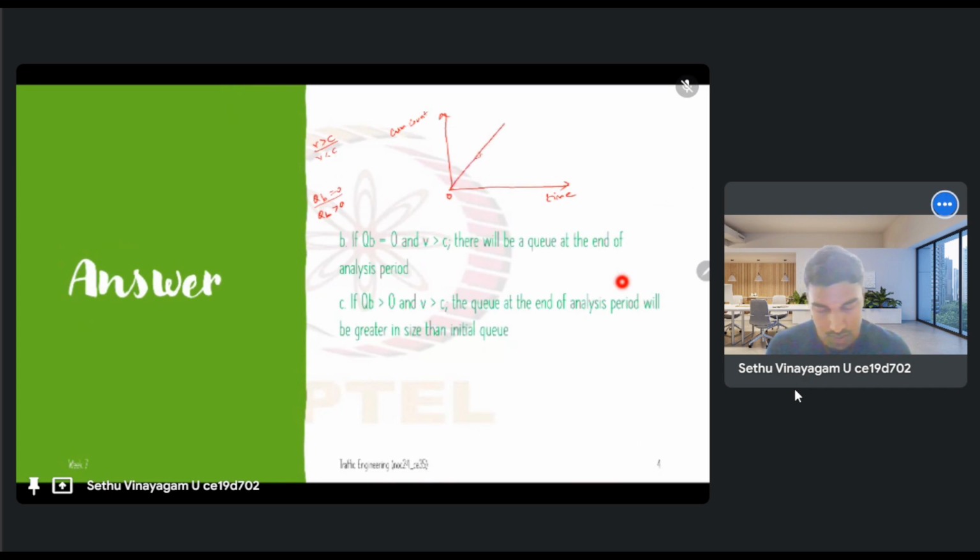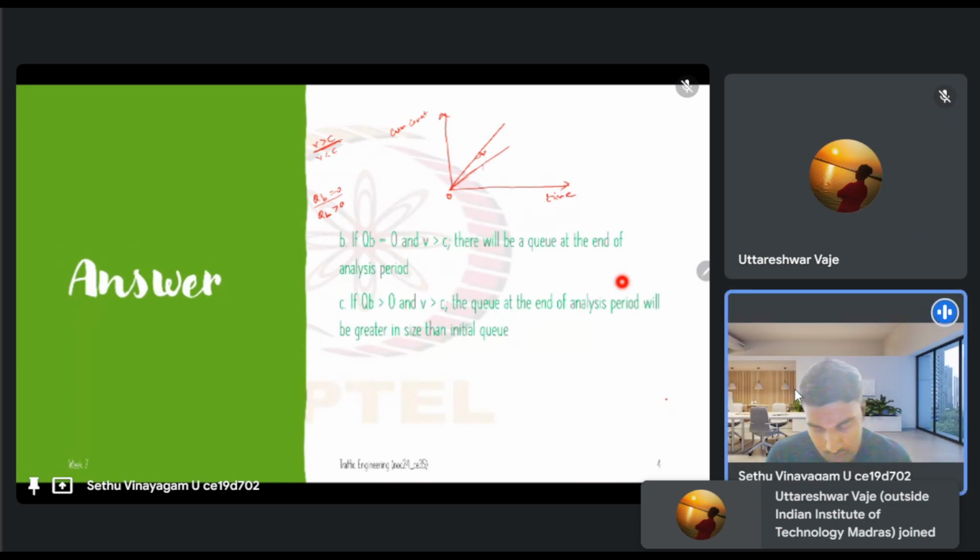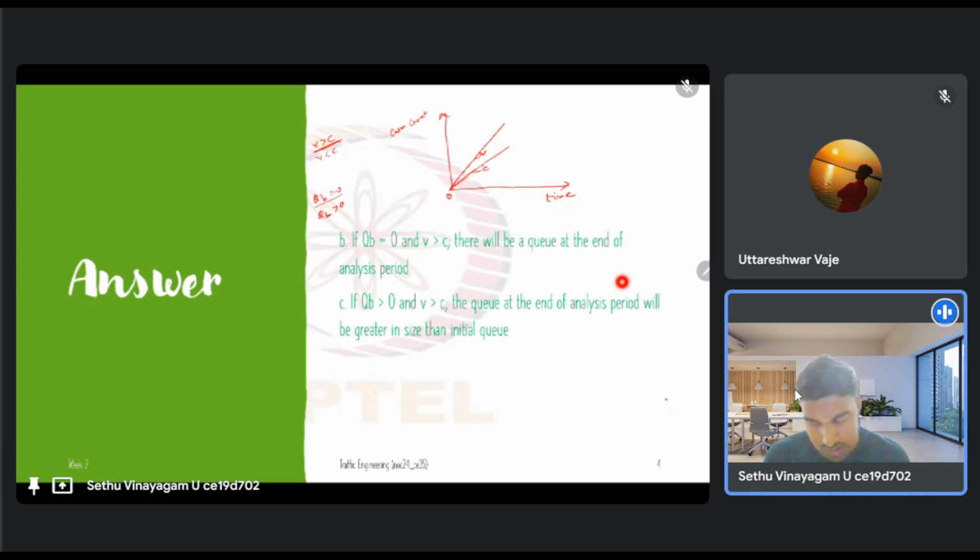Slope represents the flow rate. Here arrival has a flow rate of V, and we are looking at V greater than C, which means the departure curve has a slope at a flow rate of C. Because V is greater than C, what we are seeing is constantly growing Q length.